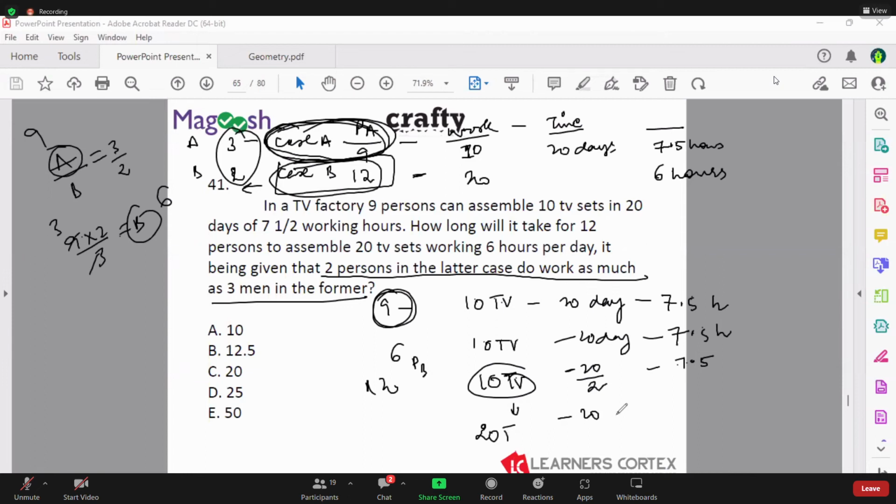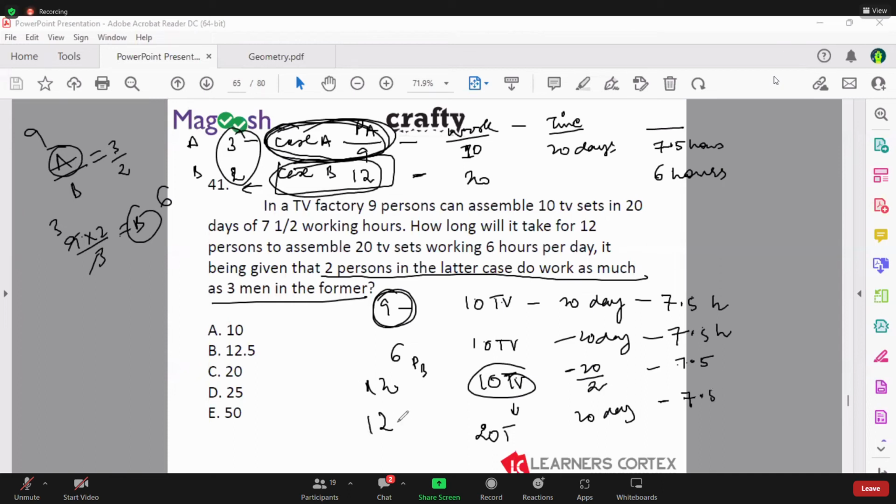It will basically become 20 over 2 and then again times 2, which is 20. So 20 days here when it is 7.5 working hours.